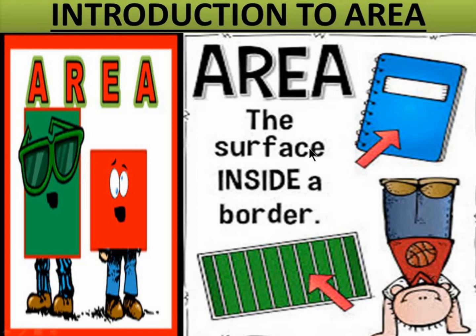We can call that its area. See, this is a book. How much space is inside this book? Not outside, inside. We can call that an area. The surface inside a border is called area. How much space is occupied by this shape is its area.